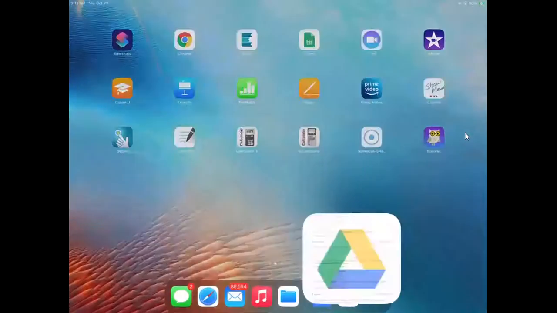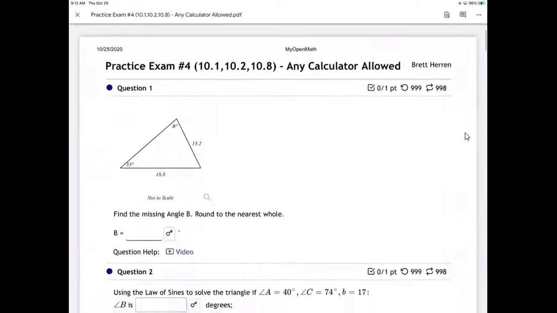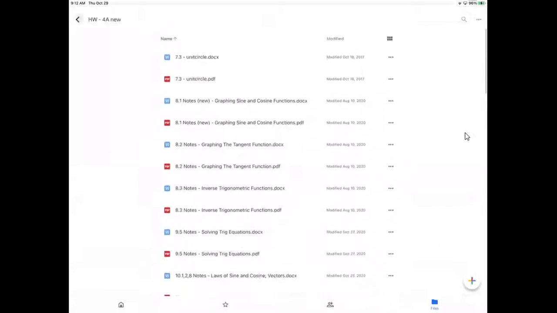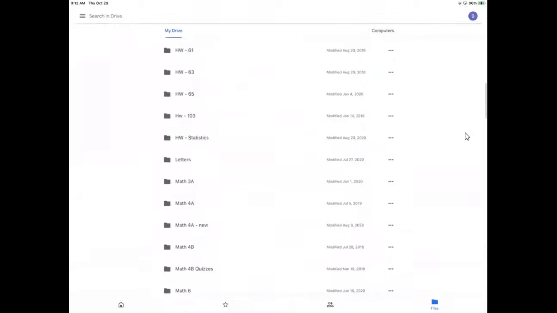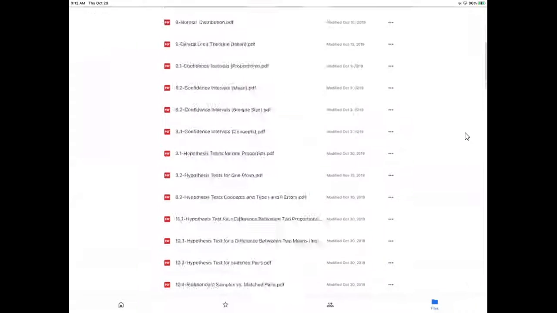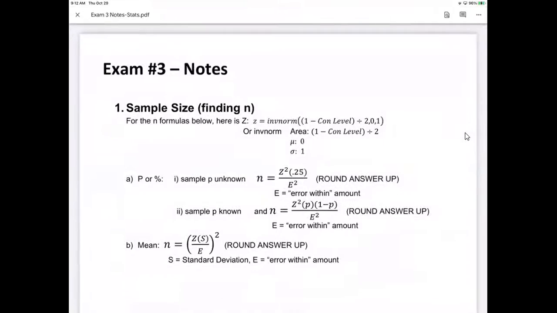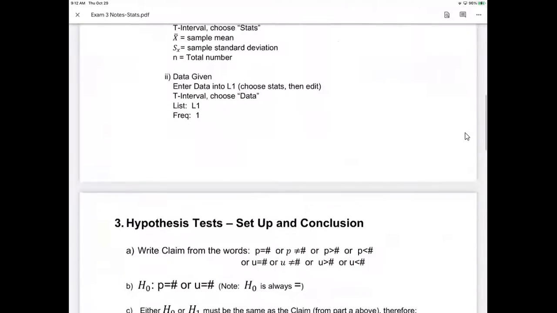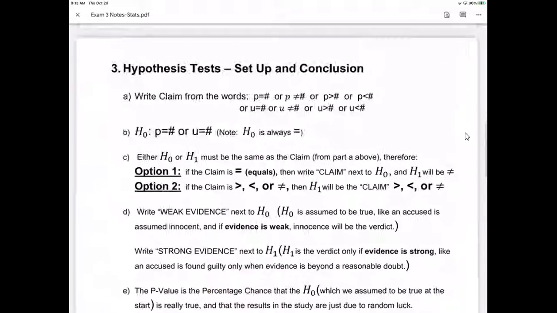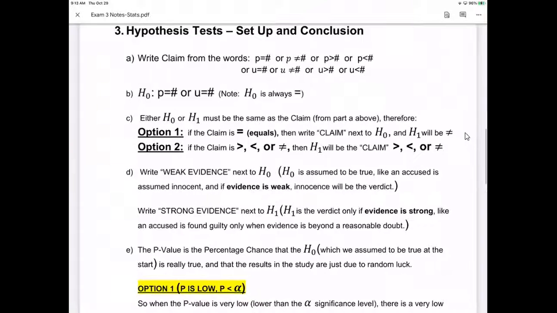Here, let me refer to our notes. This is the exam 3 notes, which has a lot of good things on it for you. I just updated it again and sent it out to you. It's not much different, just slightly. I wanted to highlight a couple of things and make it more clear. Basically, I wrote a couple of options for the hypothesis test.